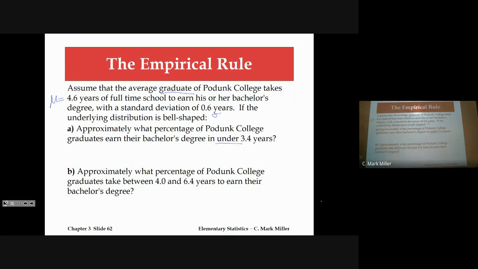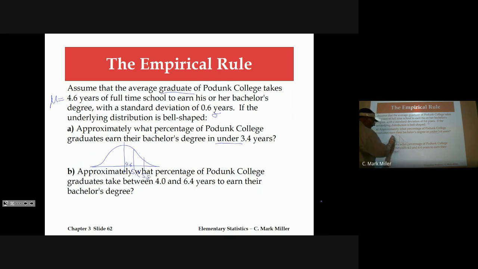Okay. Let's make a little drawing. This is 4.6. If I go up 0.6, I get 5.2. That's one standard deviation. I go up another one, that's 5.8.